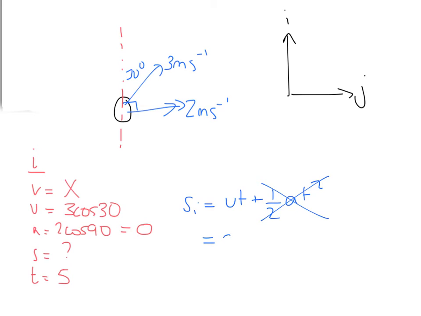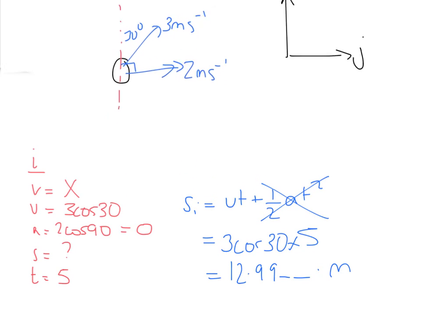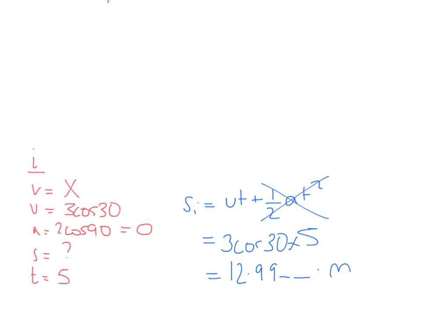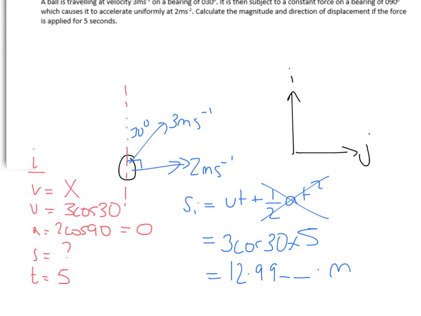So it's just going to be 3 cosine of 30 times by 5, which gives you 12.99 blah blah blah meters. I'm not going to round it at this stage because I'm going to use it for calculating the magnitude in a second. Okay, so that's in the i direction. Let's keep hold of that.